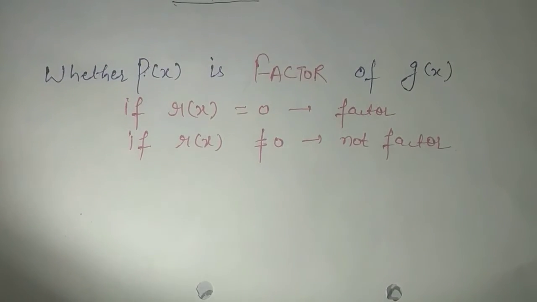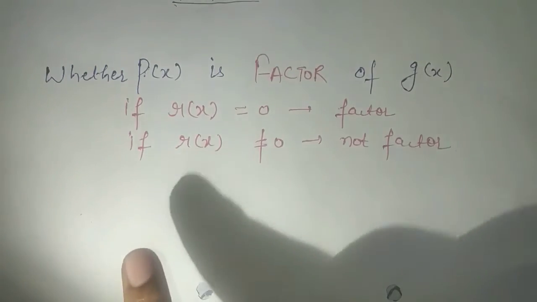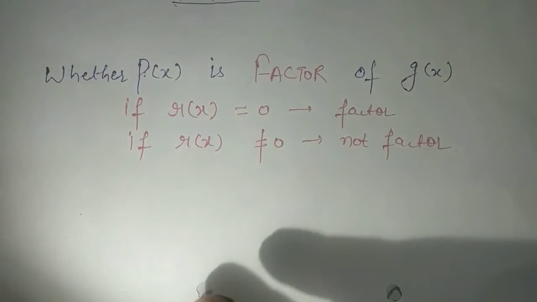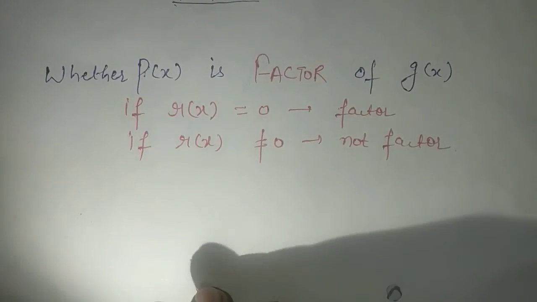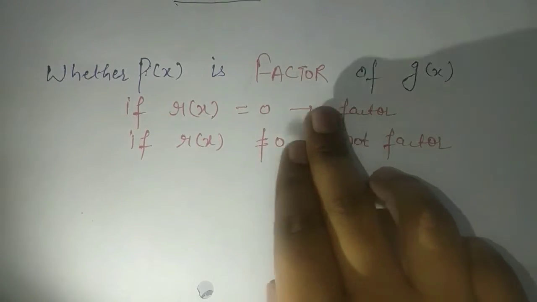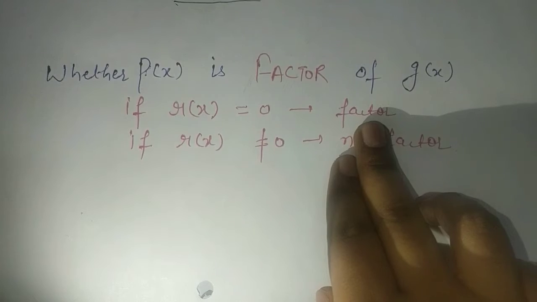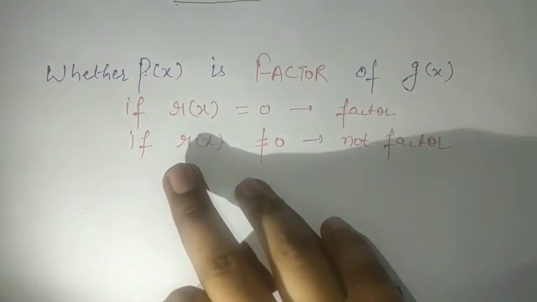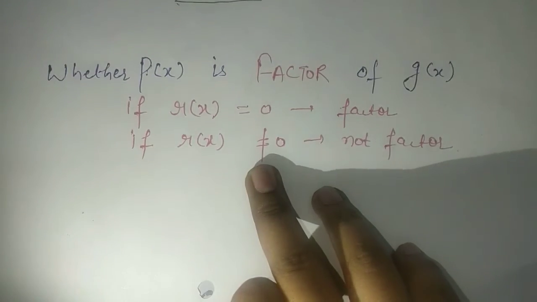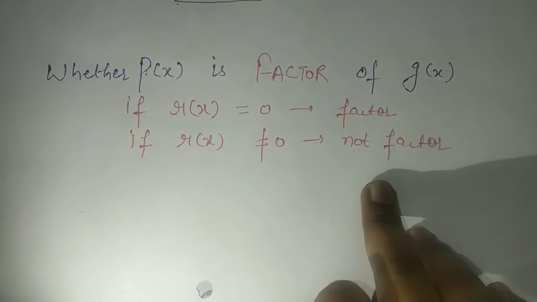Now to check whether gx is a factor of px or not, we have to divide these two polynomials and check that if remainder is 0, then it is the factor. If remainder is not 0, then that is not the factor.